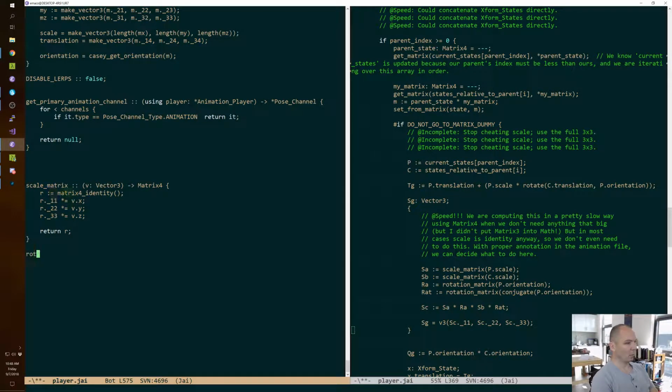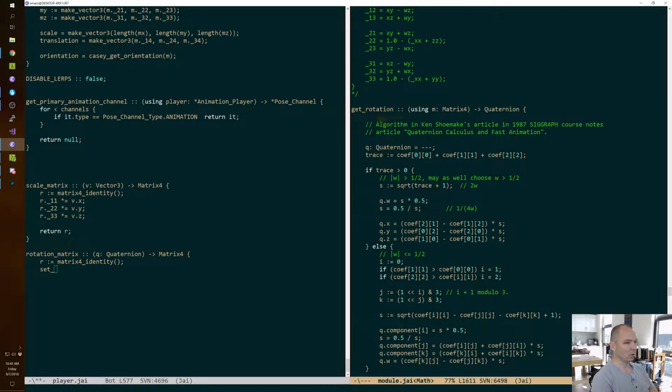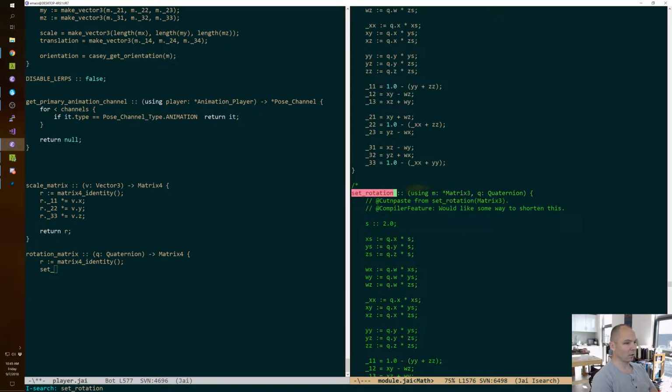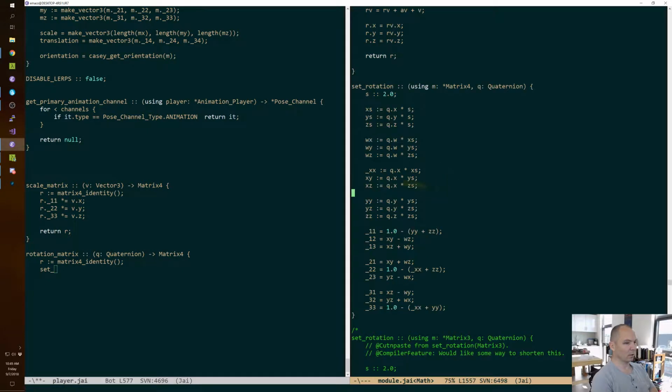Okay, and then rotation matrix from a quaternion is just, well, we have a helper function for that. We have set rotation. Yeah, we were just looking at that. Set rotation of R and the quaternion and return R. So there's that.